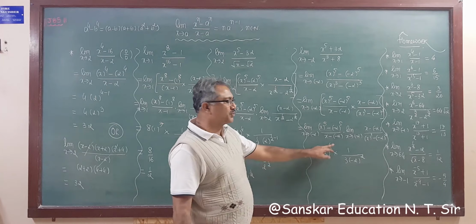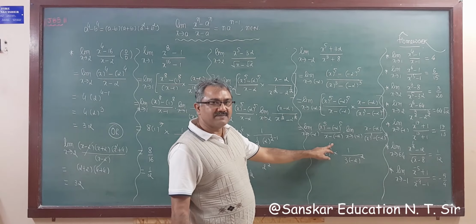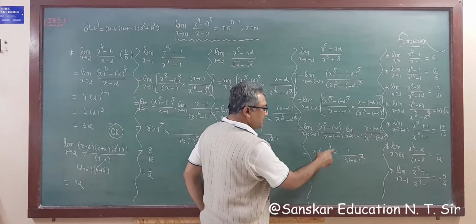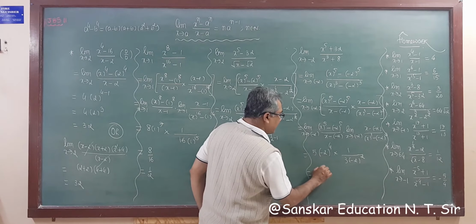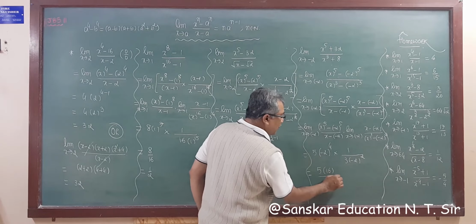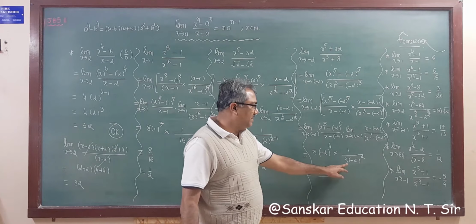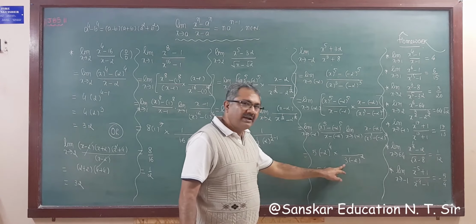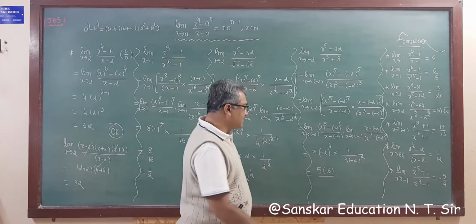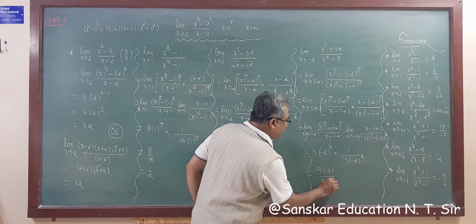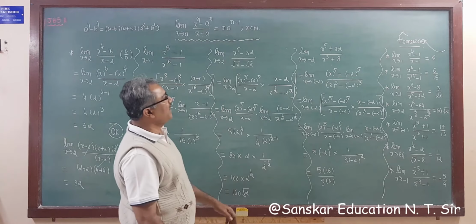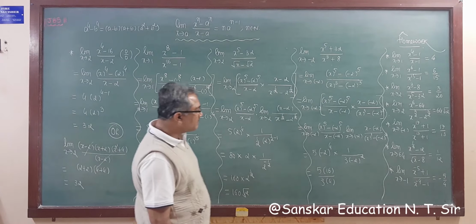Right? So minus 2 raised to an even number is always positive. So this is 2 raised to 4, which is 16. So this is 5 into 16 whole upon 3 into minus 2 raised to 2, which is 4. So 3 into 4.